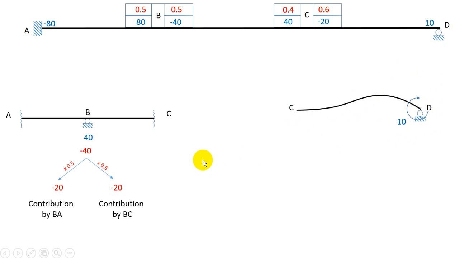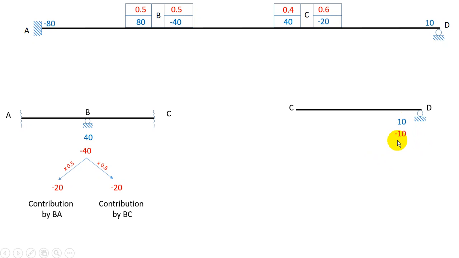What happens is that pin jointed supports do not have enough strength to counteract this, as this joint had strength to counteract this 40 kilonewton meter by providing minus 40. Pin jointed ends do not have that strength. So we as structural engineers have to provide that strength to the joint, and we have to provide minus 10 kilonewton meter.